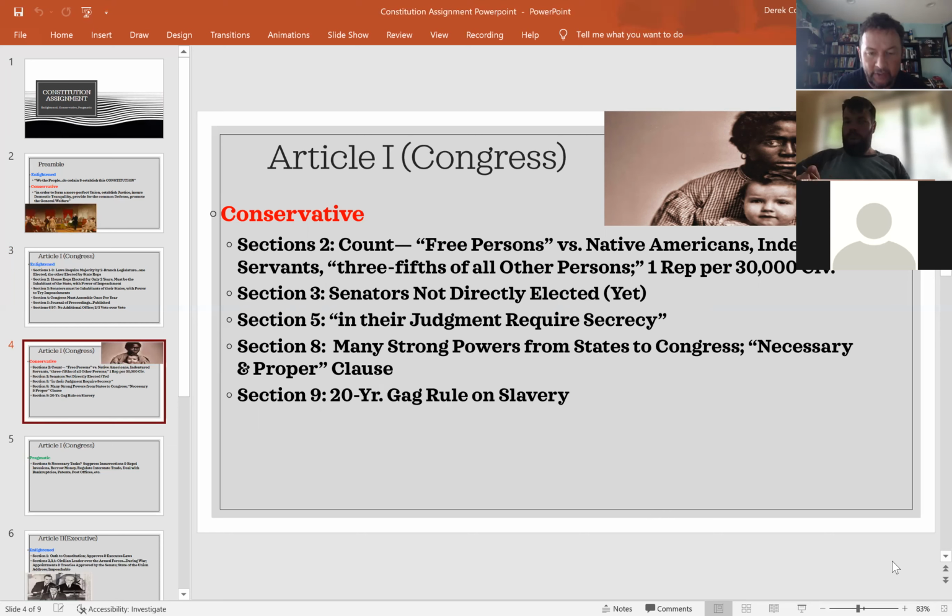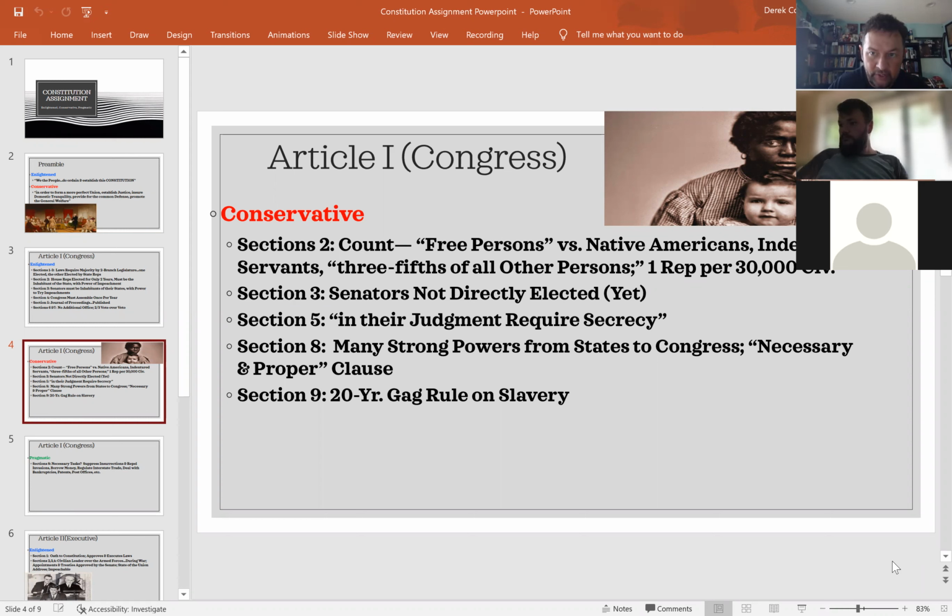Clearly, they're differentiating free persons from Native Americans who are unassimilated, even though they're in the same category to be counted. They're differentiated from indentured servants, and they're clearly differentiated from 3/5 of all other persons. And we all know what that's referring to, right?